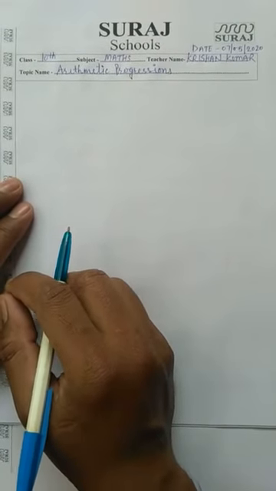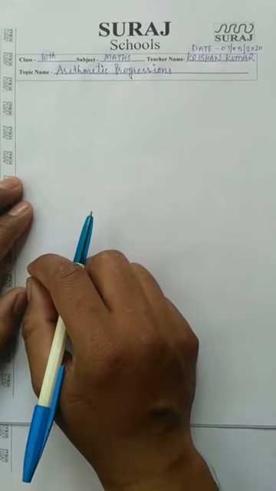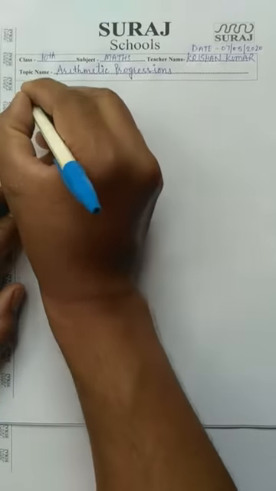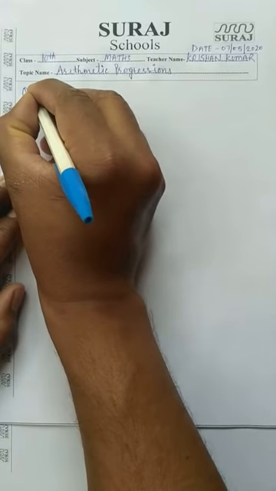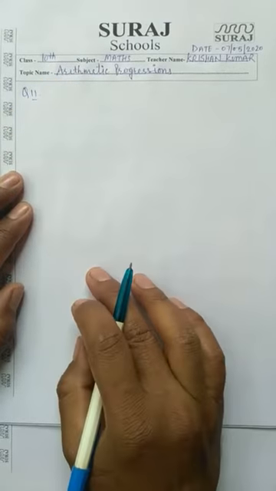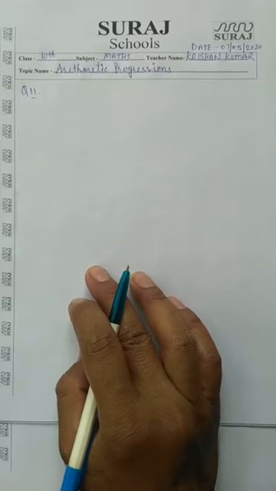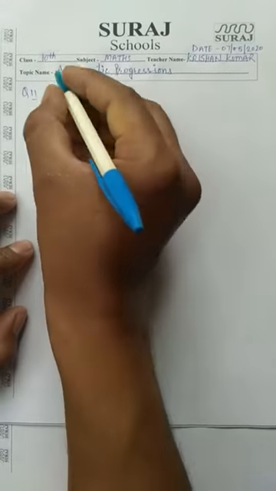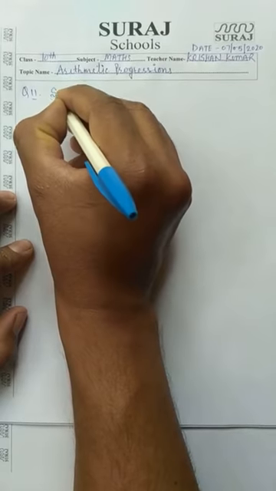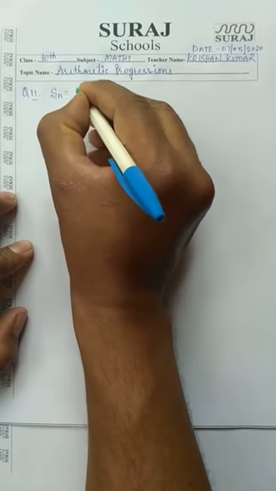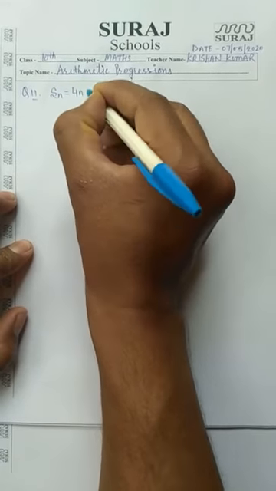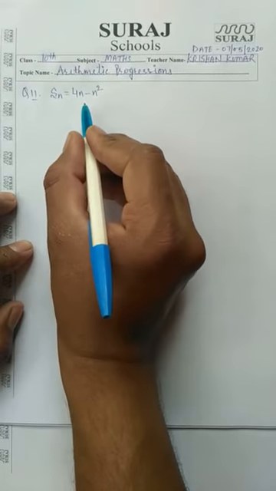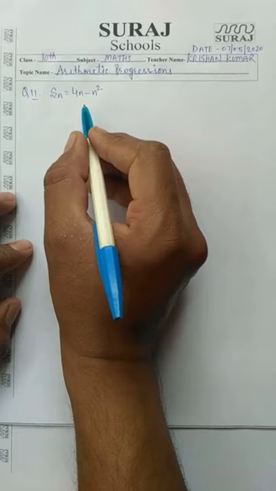Question number 11. The question says, if the sum of the first n terms of an AP, that is Sn, is equal to 4n minus n square, what is the first term?